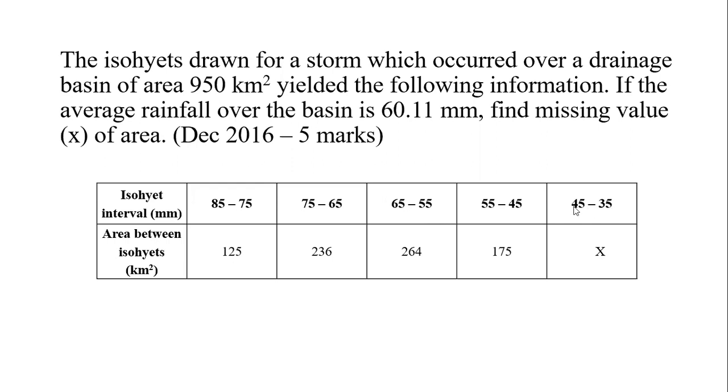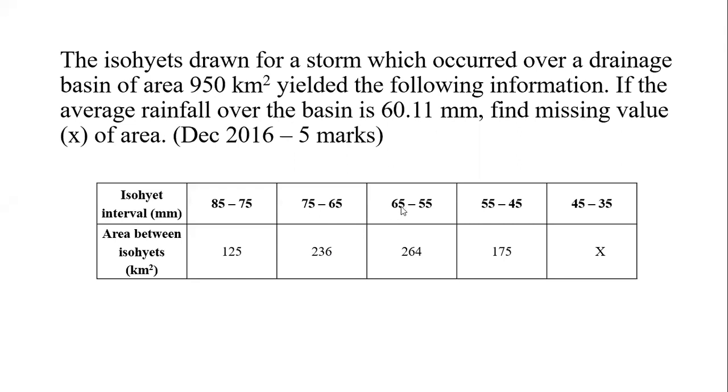Those isohyets have limits of 45 and 35 millimeters. The data is given as isohyet interval in millimeters, 85 to 75, with the corresponding area between them 125 square kilometers. Next interval is 75 to 65, area 236 square kilometers.